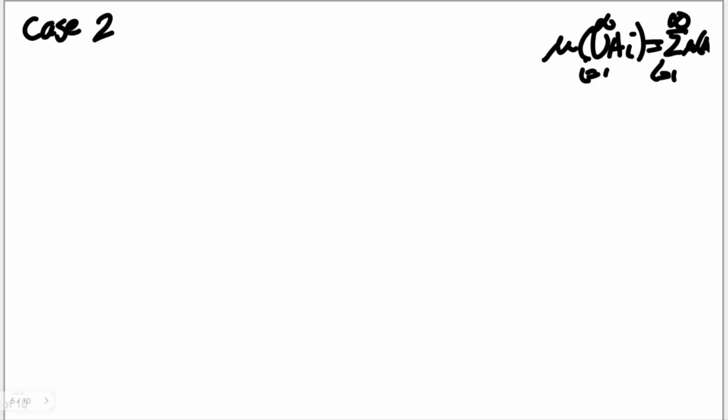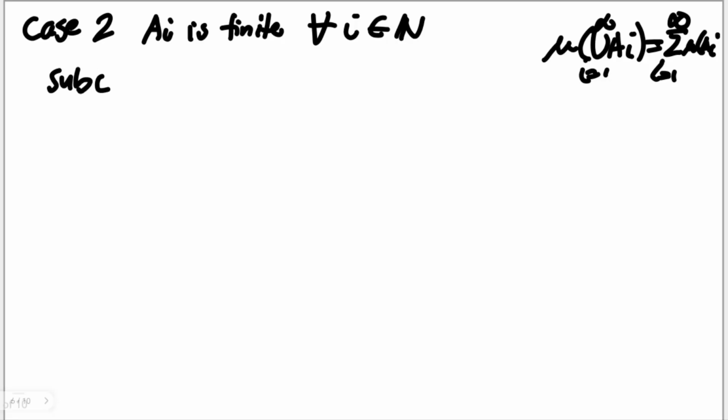So in case 2, what if a sub i is finite, for all i an element of n? If it's finite, take note that there are two cases for finite sets. We'll have subcase 1, where the finite set is not empty, and later on the second subcase, where the finite set is empty, because the empty set is a finite set.